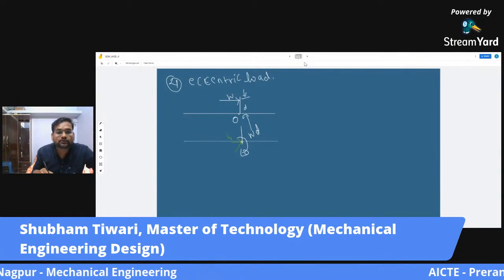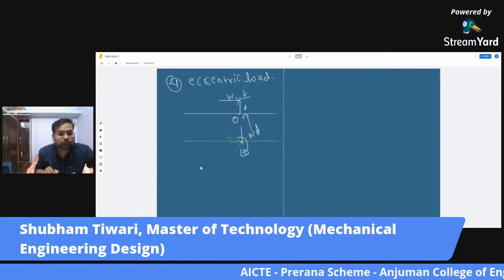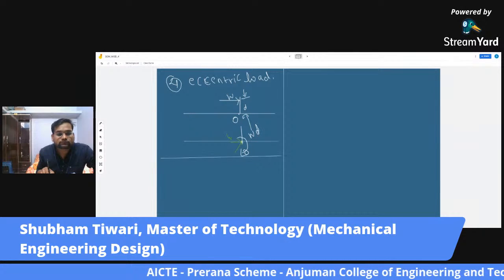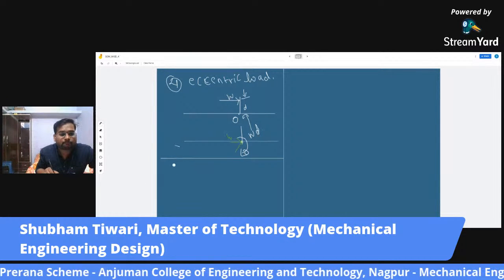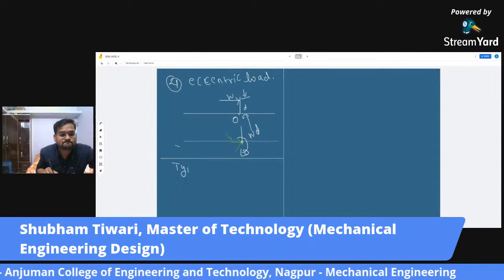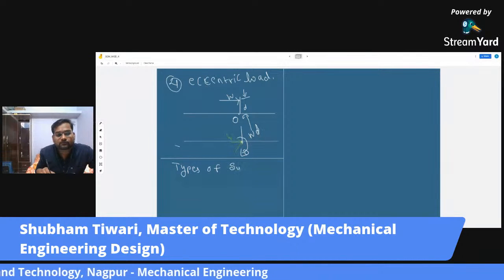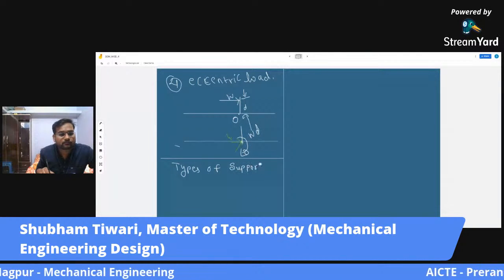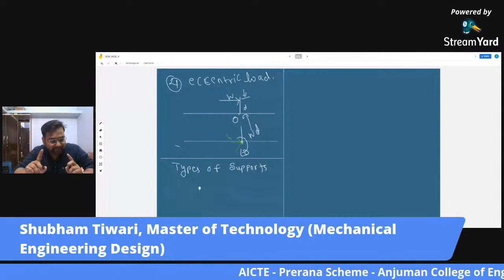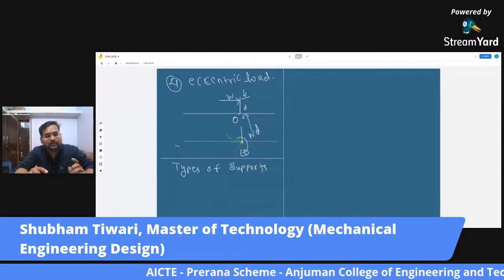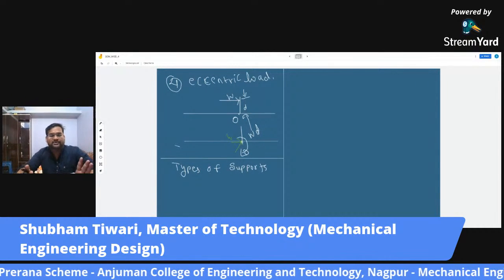Now we have types of supports. Types of supports are very important, because the support will tell you about the type of reactions that your beam will be facing from the supports.